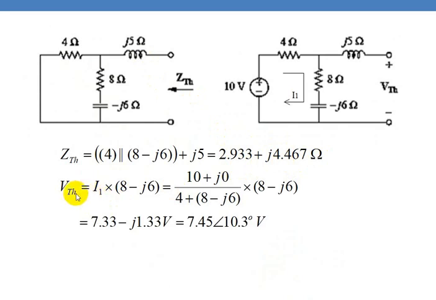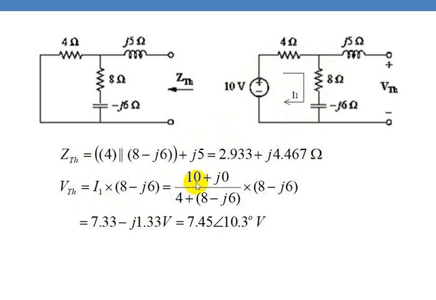Now find VTH. You take the circuit and assign the current in this path as I1. So VTH I can write as I1 into (8 minus j6). The current I1 is the voltage divided by the total impedance, that is 4 plus 8 minus j6.